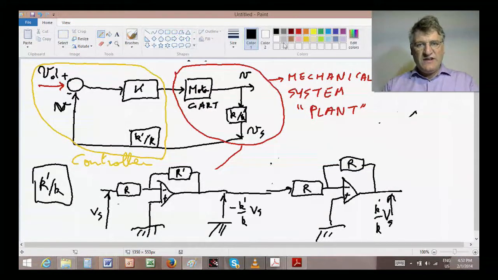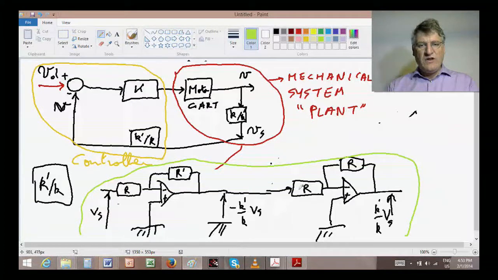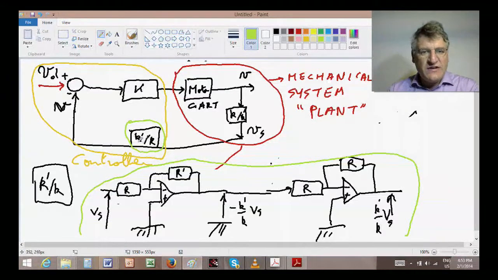So this element here allows us to build this guy there. Now noticing that eventually we take a minus sign here. Okay, so we invert the sign, and we have already inverted the sign here.